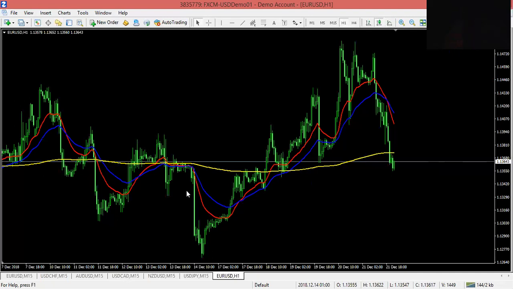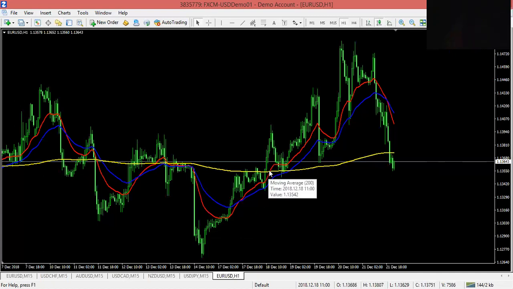Like for instance now, if you look at this setup here, you can see that my red crossed over my blue. Now I'm going to wait for my red and my blue to cross over my yellow. Do you understand?